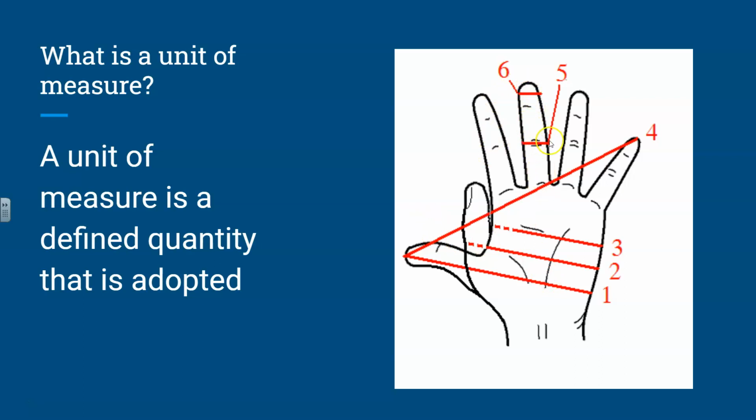So, how wide a finger is from one knuckle to the tip, how wide the hand is, the palm, how wide the hand is with the thumb, how wide the hand is completely out from tip of thumb to tip of pinky. So here's 5, 6 different ways that a unit of measure has been used from just the hand. But any shared defined quantity that has been adopted by a group is a unit of measure.